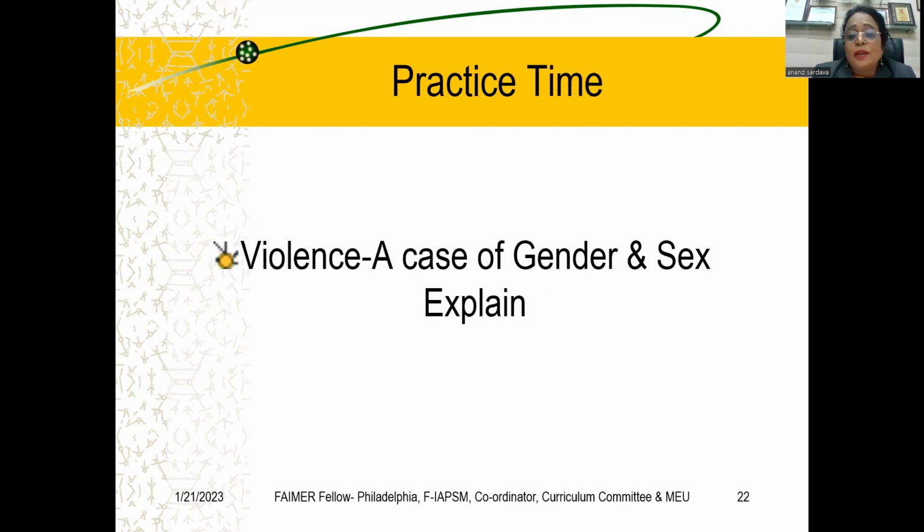So violence also can be a case of gender and sex. One hint I can give is that there is violence due to war, due to crimes, and there can be violence due to abuse and other violence, and because of wars and crimes, the violence among men is more as compared to women.